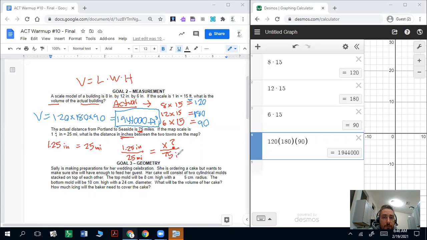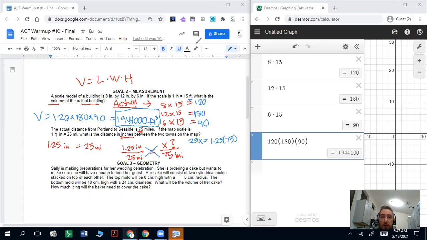Now you might be able to say, well, 25 times 3 is 75. I could do 1.25 times 3, which is fine. You can also do cross multiplication. So we could do 1.25 times 75 and 25 times x, and then solve that equation. So we do 25x equals 1.25 multiplied by 75.